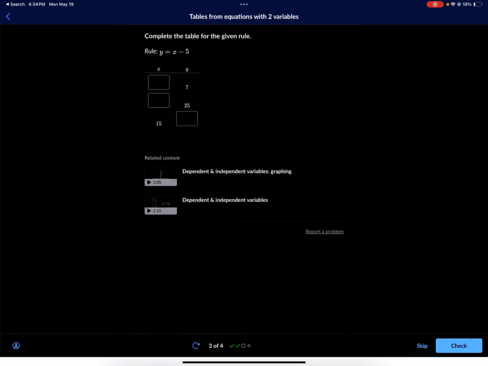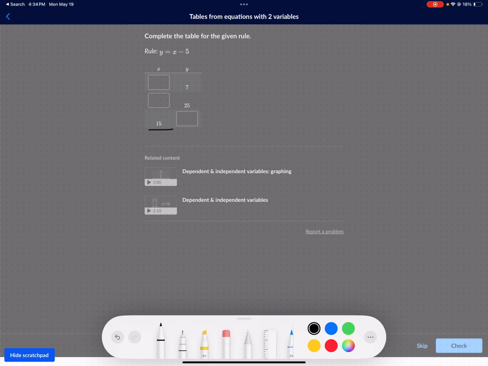Okay. Complete the table for the given values. So, same thing here. We are actually going to find y in the last problem. So let's use y is equal to x minus 5, and then we'll find x while keeping y. So we have to add 5 on both sides. This will give us y plus 5.